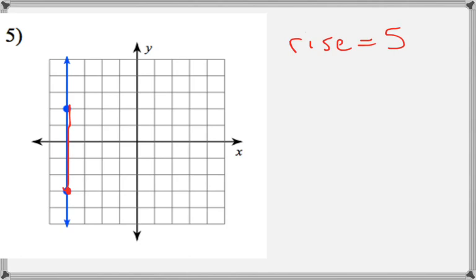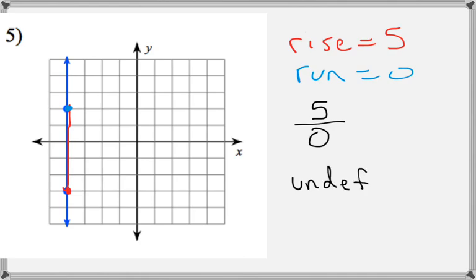How far left or right would I need to travel? Well, I'm already standing on my point, so I don't have to move left or right. So my run is 0. So my slope, rise over run, would be 5 over 0. You are not allowed to divide by 0, so this makes this an undefined slope.